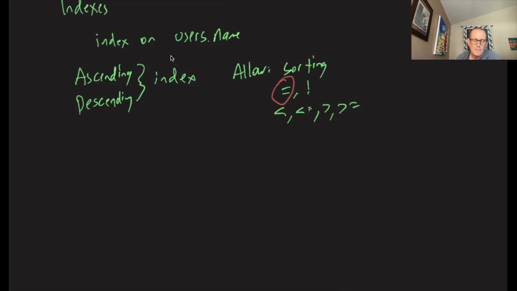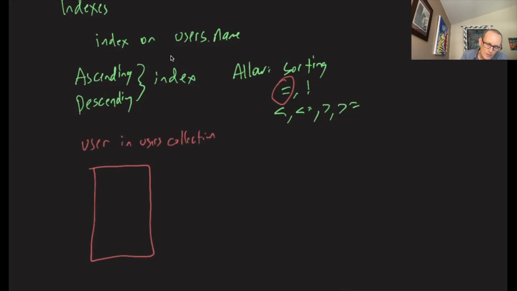So you can have indices on these first level fields. If you have, for instance, a user in the users collection, and you've got a name, and then you've also got, let's say, an address.